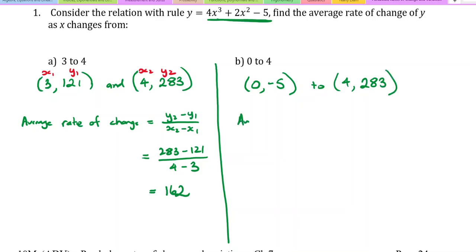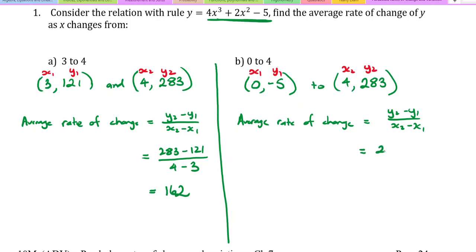So the average rate of change will be equal to y2 take y1 over x2 take x1. So this time it'll be x1 y1 x2 y2.